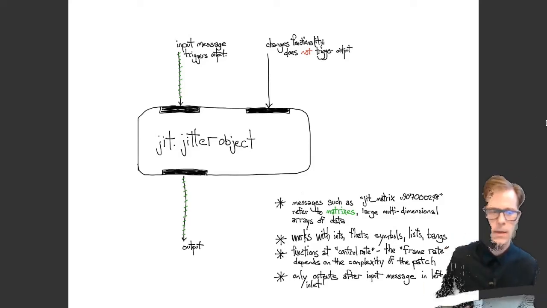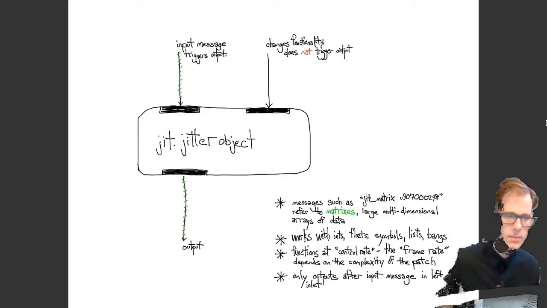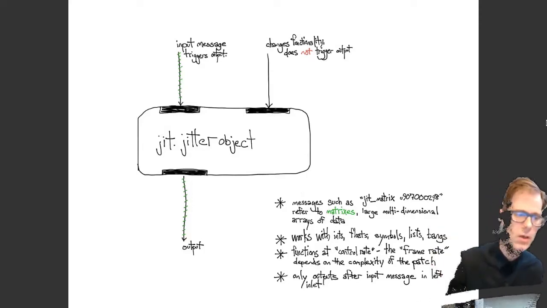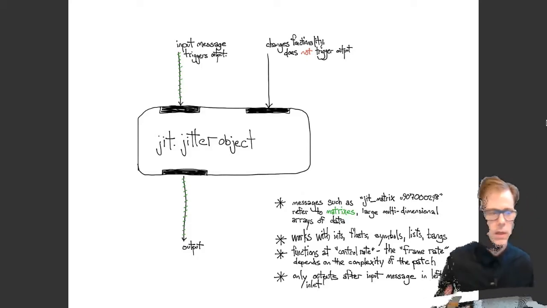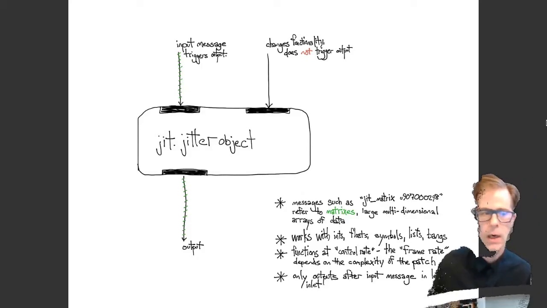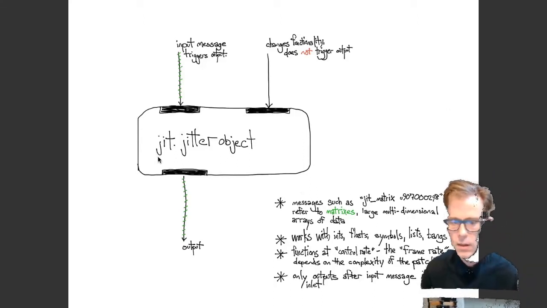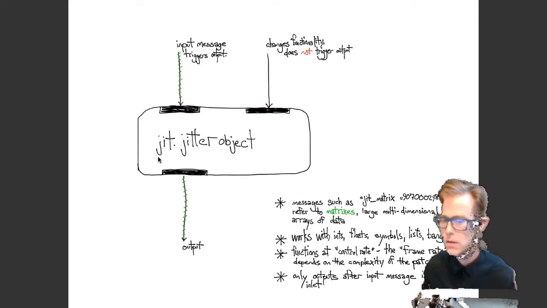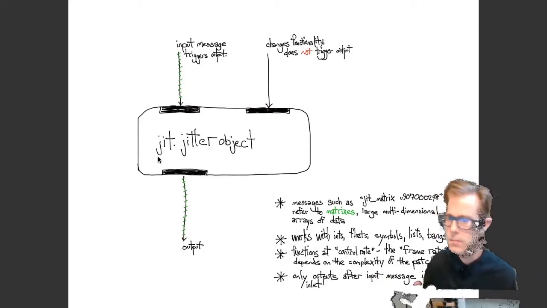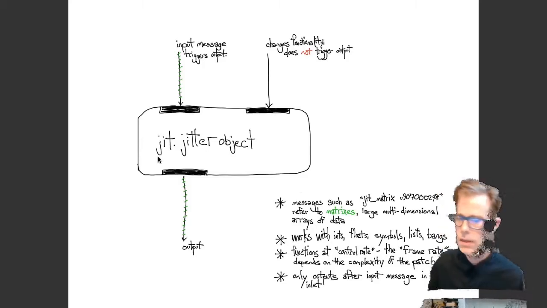One last thing I want to say about Jitter objects is just how you can tell that you are working with a Jitter object. You can differentiate a Jitter object from Max and MSP objects because they all start with this prefix jit dot and then the rest of the name of that object. So jit.matrix, jit.world.